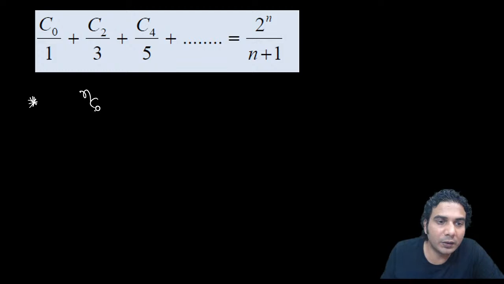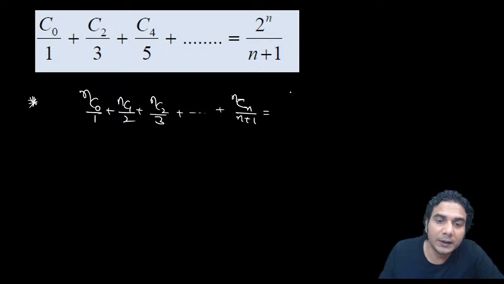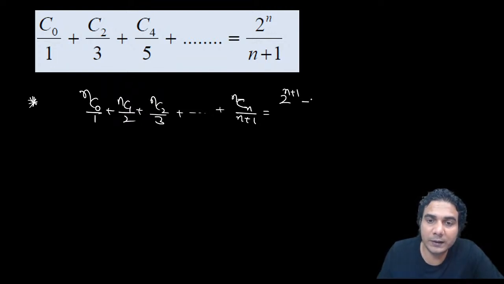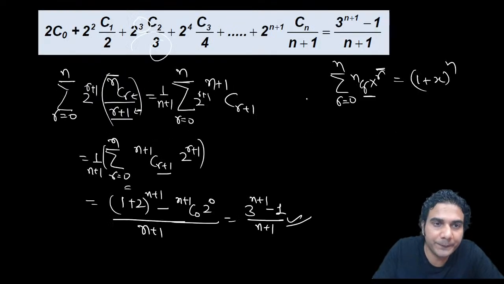One is nC0 upon 1 + nC1 upon 2 + nC2 upon 3 and so on up to nCn upon n + 1. What was the answer of this? If you remember; if you don't remember, then you'll have to do it again properly. The answer was (2 raised to n + 1 minus 1) upon n + 1. All right, this was the first question. Let me show you here. So you'll have to do it again if you haven't done it.